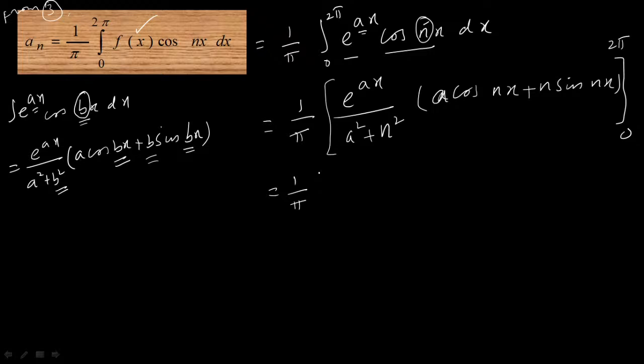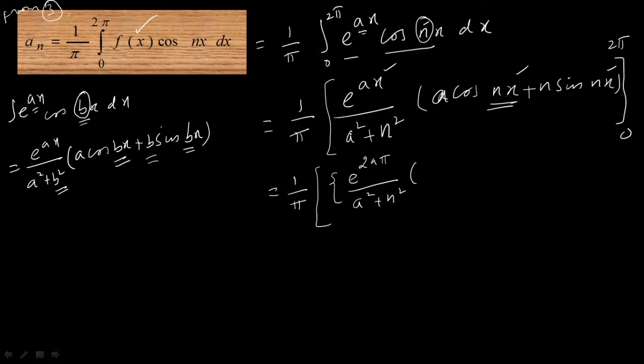Now let me substitute the limit. For that, upper limit minus lower limit as usual. Let me mark the portions where we are having x. You just replace x by 2 pi first. So e power, if you replace this by 2 pi, you have a 2 pi, that is e power 2a pi, divided by a square plus n square of, listen here, if you replace this x by 2 pi, you get cos 2n pi.